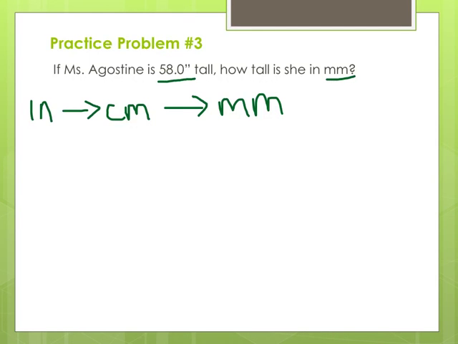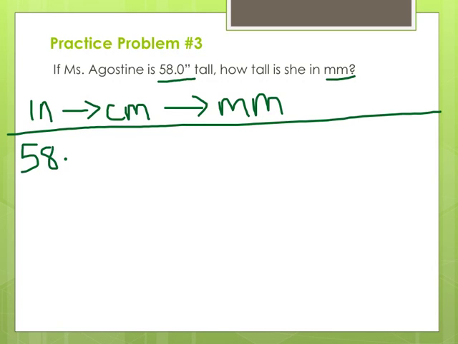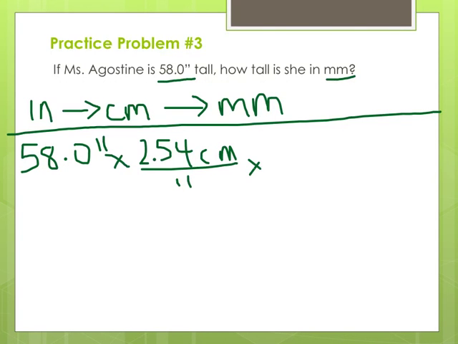Always give yourself a plan. Always begin with the given, and then work your way methodically toward the unit that you want. So we're going to start with 58.0 inches times 2.54 centimeters for every inch times 10 millimeters for every centimeter.